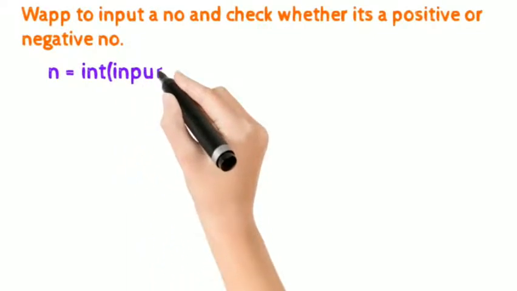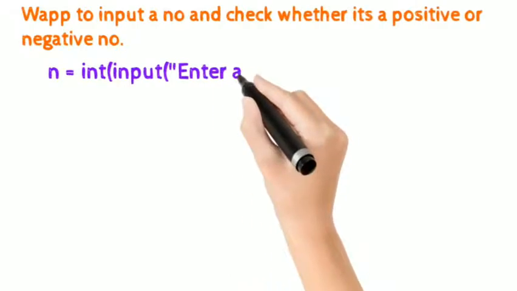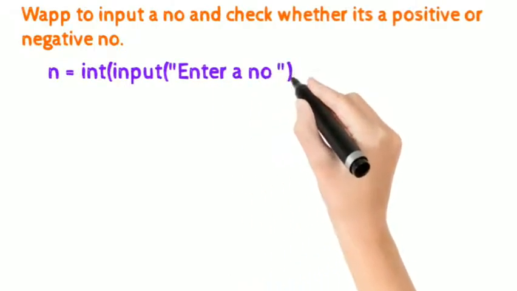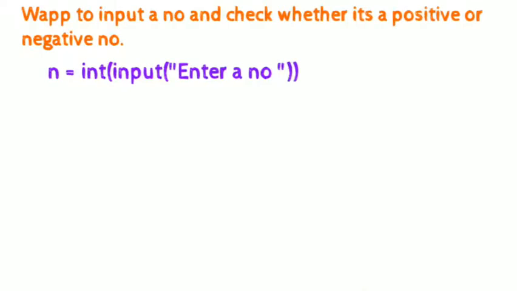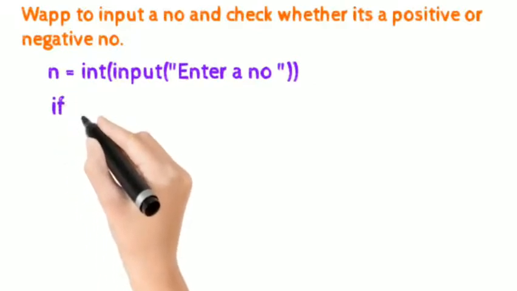As the input function takes text by default, we have to use the int function, with input asking to enter a number, and it gets stored in the variable n. So we wrote n equal to int input, enter a number.